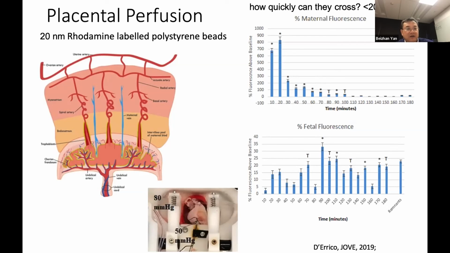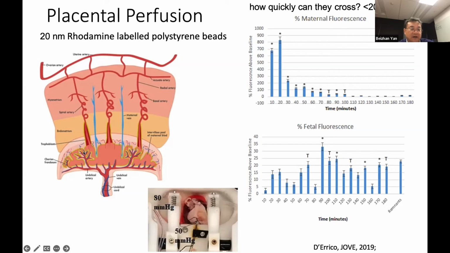My collaborator Phoebe Stapleton at the Rutgers medical school uses rats as an animal model. She does perfusion experiments with polystyrene beads on the placenta.